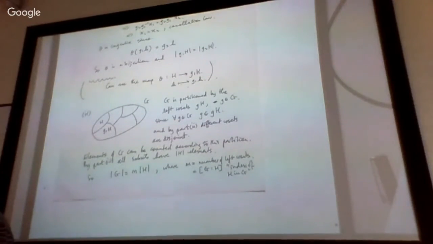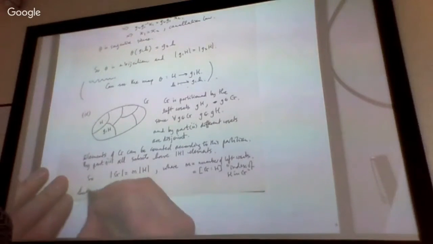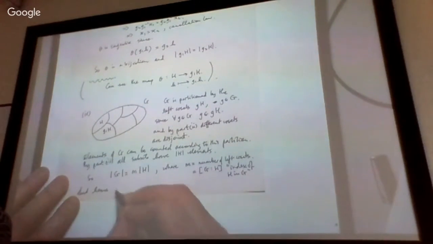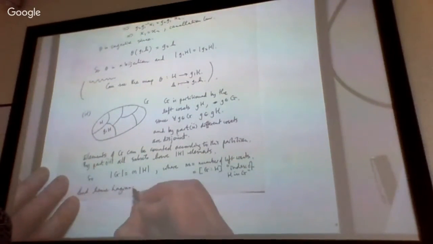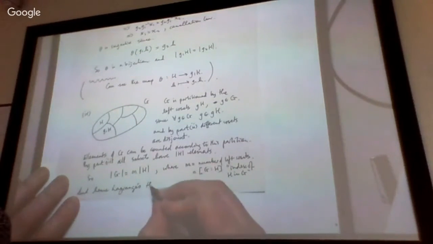So that shows the divisibility. Lagrange's theorem is true.